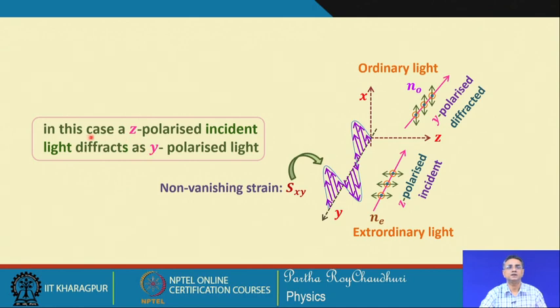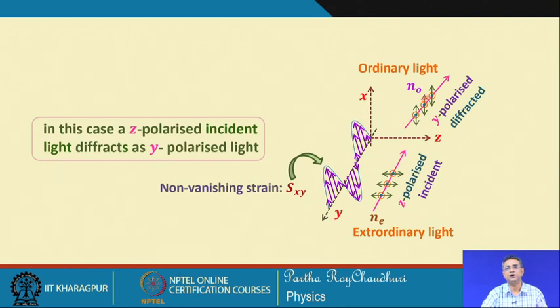So, look at this, in this case Z polarized incident light diffracts as Y polarized light. You have the acoustic wave travelling in this y direction and the extraordinary light incident here, which has this polarization, that is E wave, polarized along this z direction.